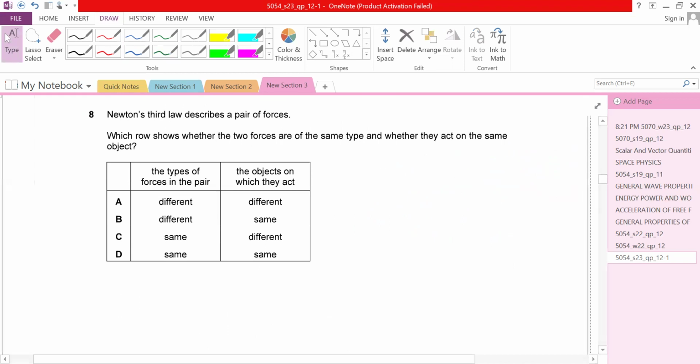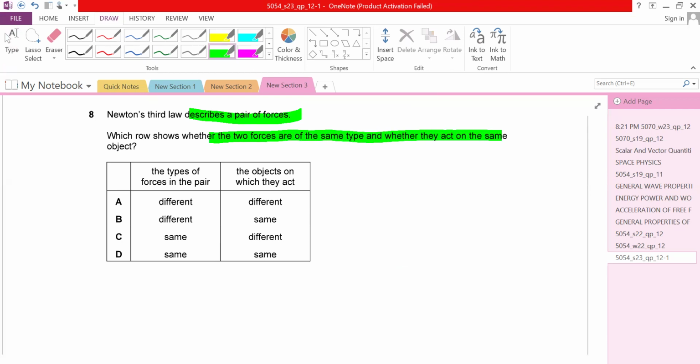Question number 8. Newton's third law describes a pair of forces. Which row shows whether the two forces are of the same type and whether they act on the same object? The three things you need to remember about Newton's third law are that the forces are equal, they are opposite, and they act on different objects.